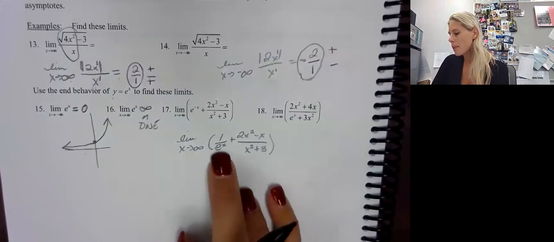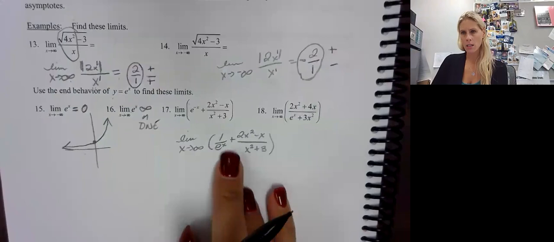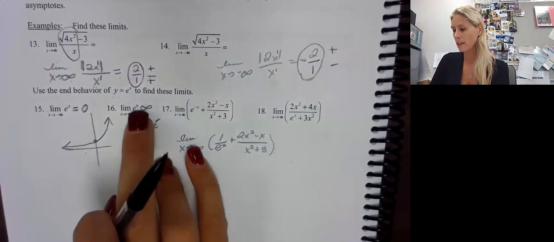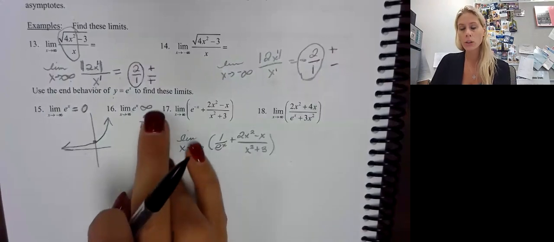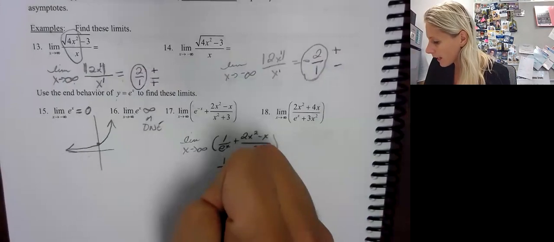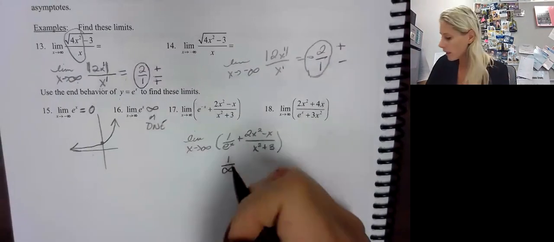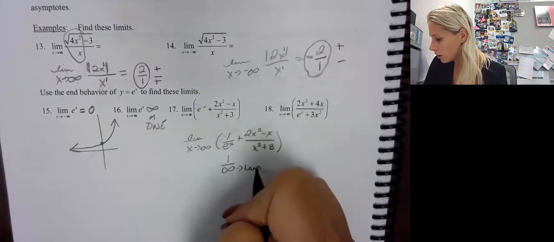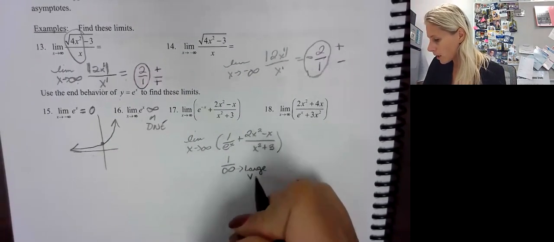If I plug infinity in here, I get infinity. We already explained that when you plug infinity into the exponent, it goes to infinity. But I don't want to think of it as infinity, guys. I want to think of it as a large value.